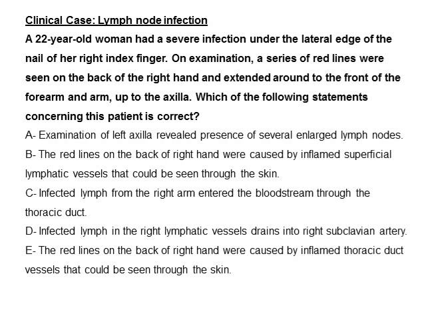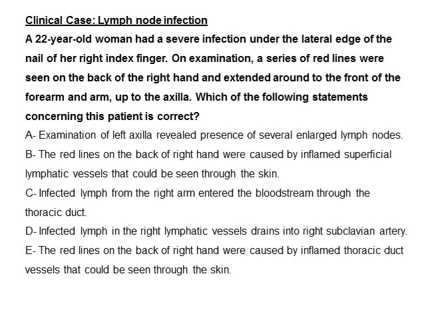That woman has infection in the right index finger, and there are red lines seen on the back of her right hand extending to the front of the forearm and up to the axilla. So let's see the choices here and which one is correct.